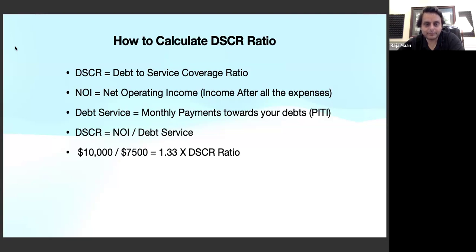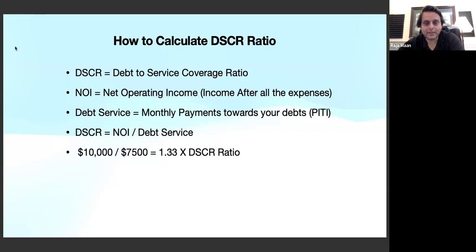Based on that, we determine the DSCR ratio: NOI divided by debt service. For example, if the NOI is $10,000 per month after all the expenses, divided by a debt service, the PITI, principal, interest, tax, insurance, of the current loan you're applying for, not the previous one, which most people think of, of $7,500, that becomes a 1.33 DSCR ratio.